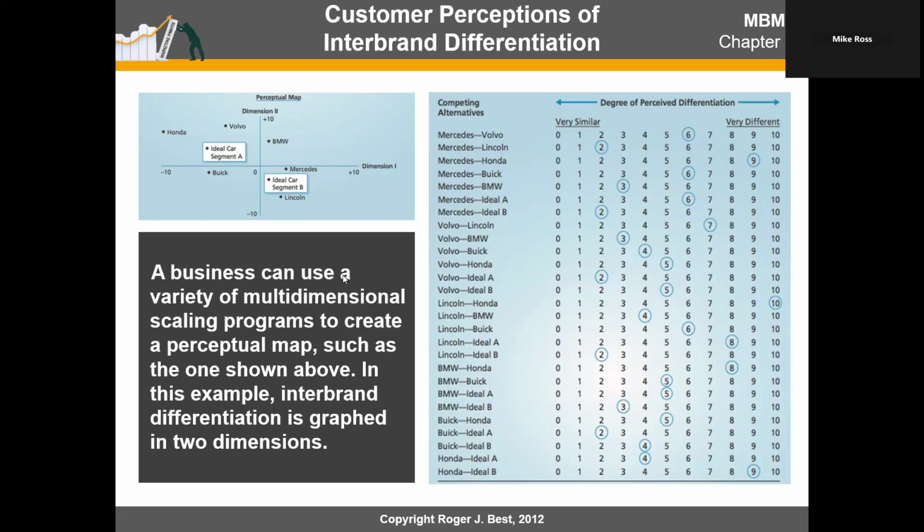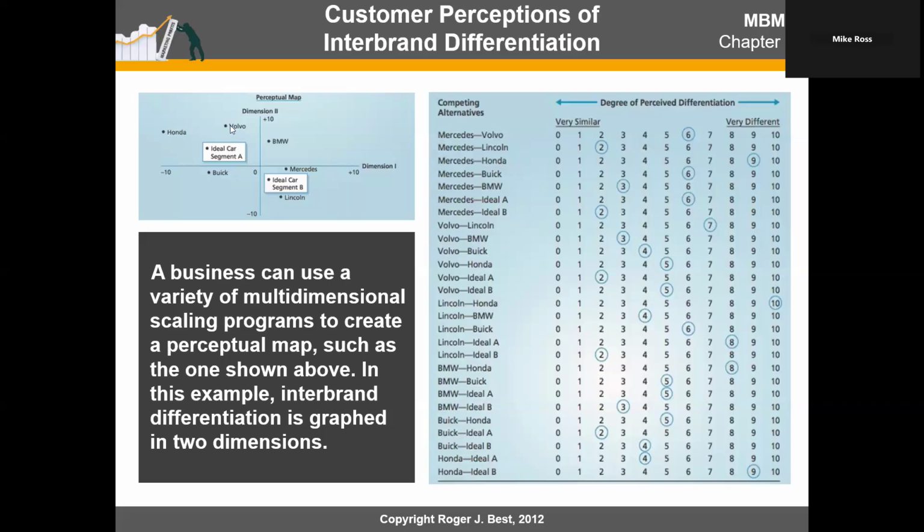So it says that Honda, in the minds of customers, that they view Honda to be quite different than Lincoln or Mercedes. And so if we look here, Volvo to Honda, looks like that's fairly similar, right?